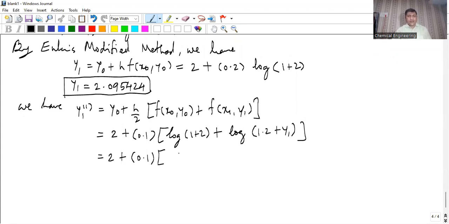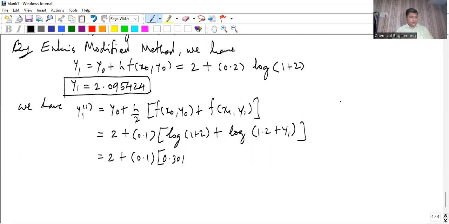What is the value of log 3? You are using base 10, right?